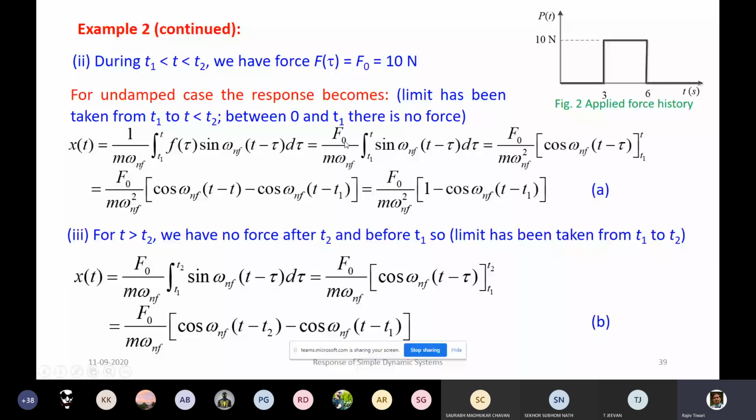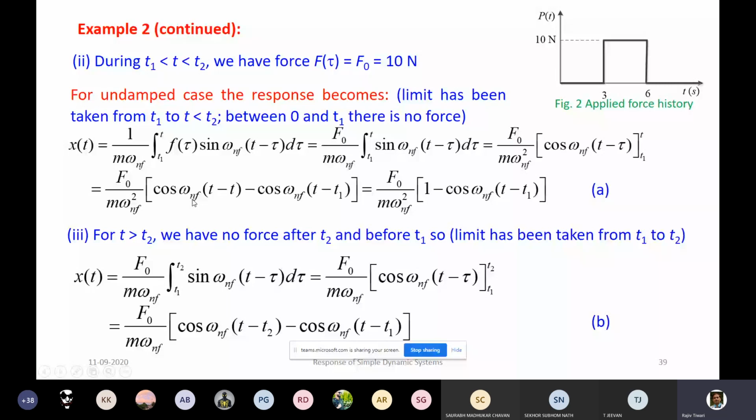So F will be there, and the h of t, the impulse response function which we derived, is already given here, 1 by omega t. So we have already substituted h of t here. And the only thing now is to integrate this between T1 and t.